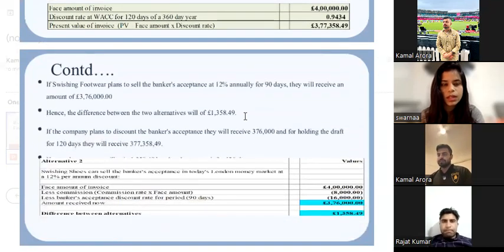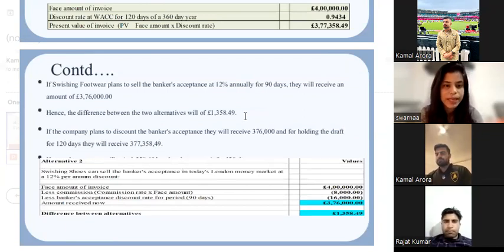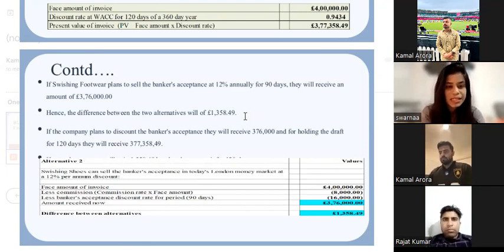Yeah, okay. So the next part is if switching footwear plans to sell the banker's acceptance at 12% annually for 90 days, they will receive an amount of 3,76,000 euro. Hence, the difference between the two alternatives will be 1,358,000 euro.